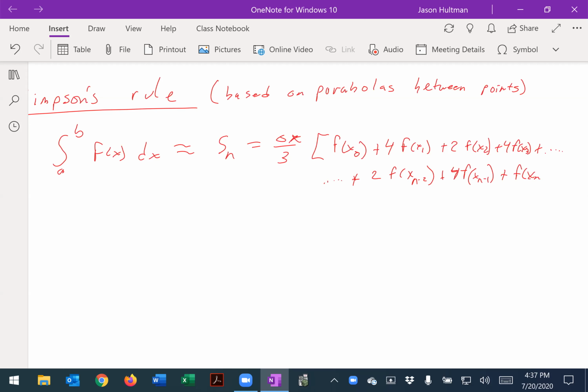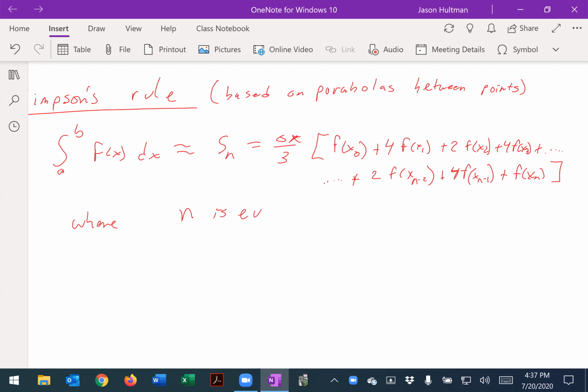Okay, very similar to the trapezoidal rule, but instead of 2's, we're doing this alternating 4-2, 4-2 pattern. Where n is even. We have to have an even n though. That's the caveat here.